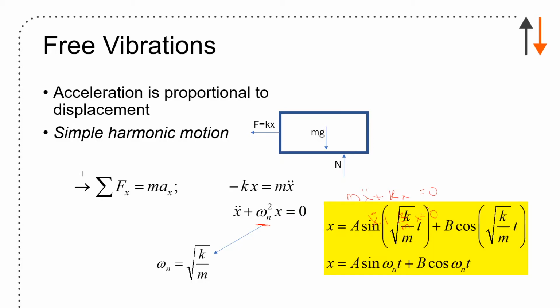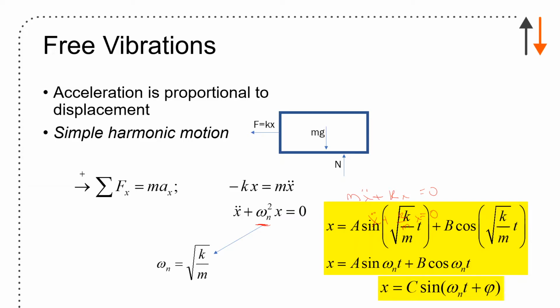So omega n squared is equal to k over m, and my solution is going to have the form a sine square root of k over m t plus b cos square root of k over m t. In both of those cases, I have the omega n term. So it's the natural frequency of the system.